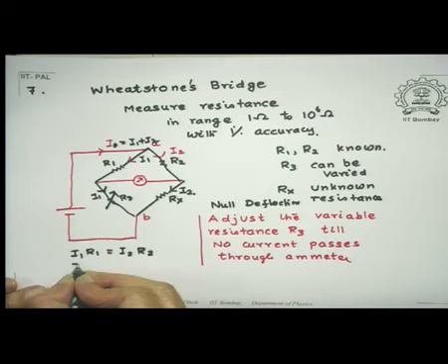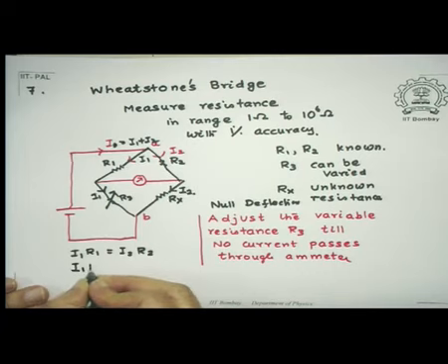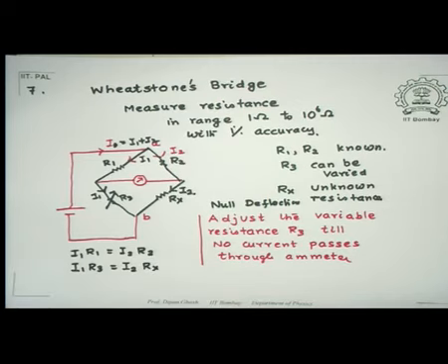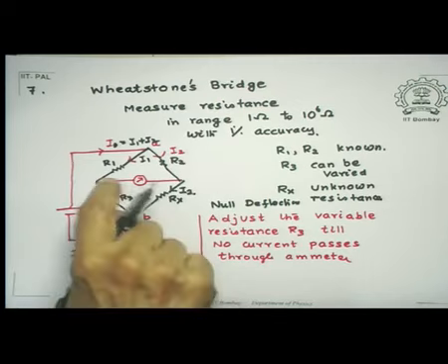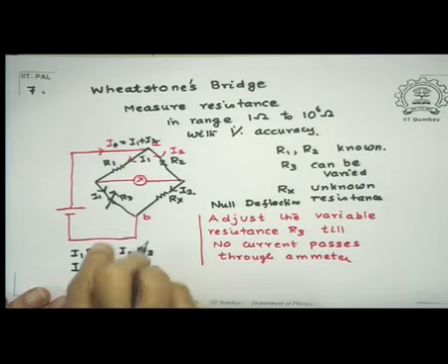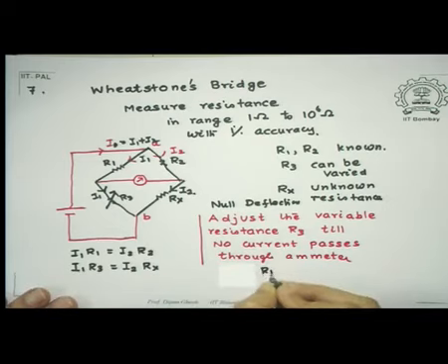So therefore, I1R3 is equal to I2Rx when null deflection takes place, so that this section does not contribute. So if you look at the resistances there, then you will immediately find out by dividing one equation with the other that R1 by R3 equal to R2 by Rx.